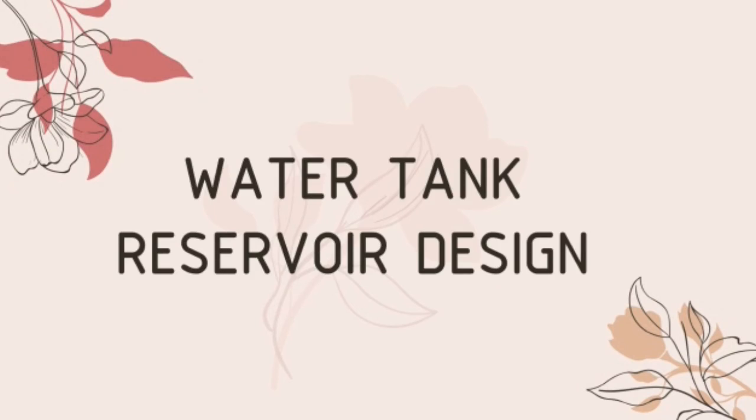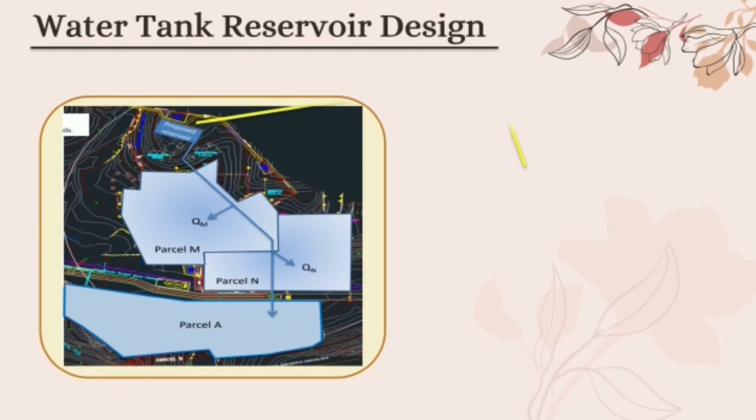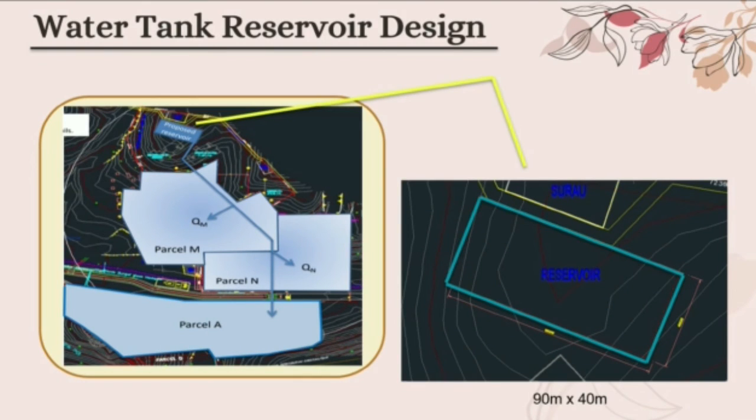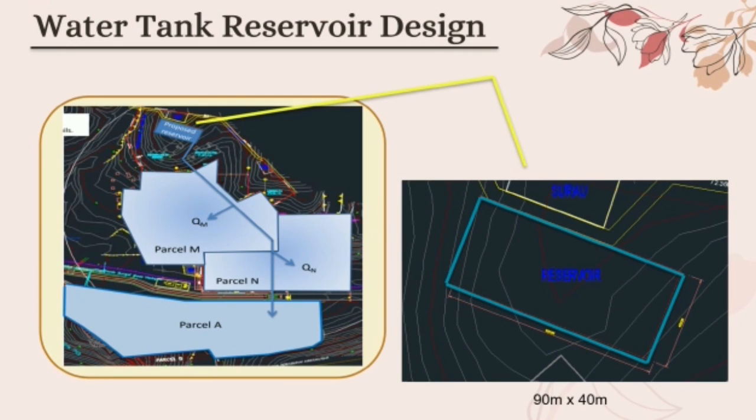Next is the water tank reservoir design. The total water supply from the reservoir, which consists of the water demand of parcels A, M, and N, is used to calculate the suction and service tank. The area of the reservoir is 90 meters by 40 meters width.